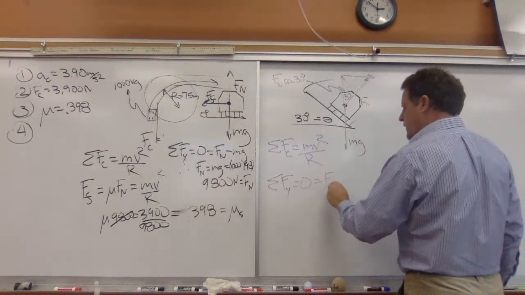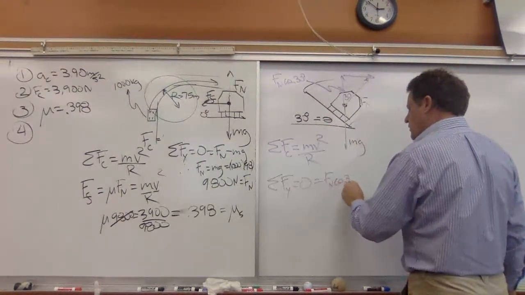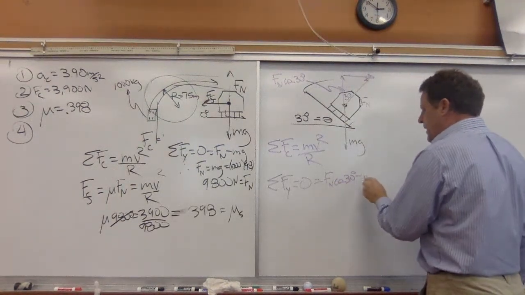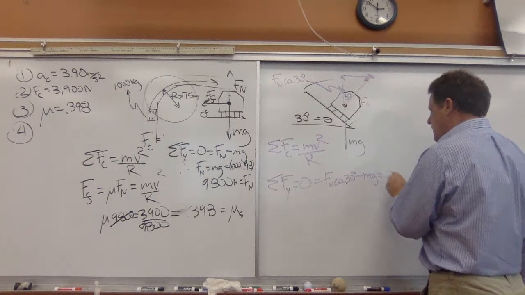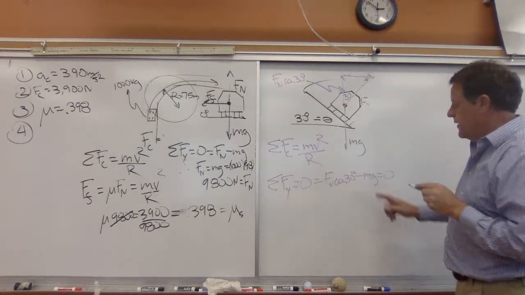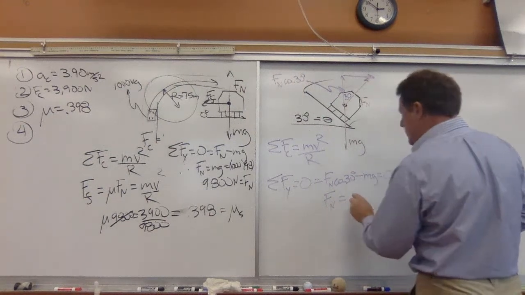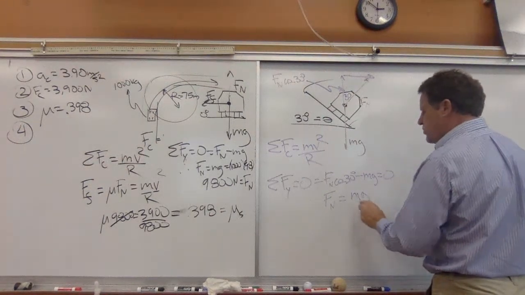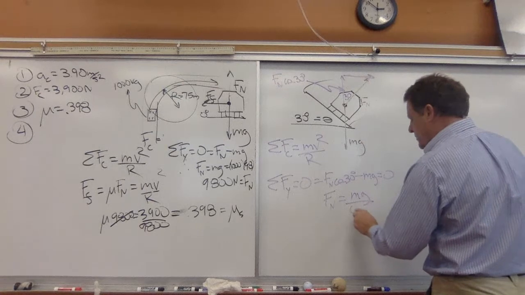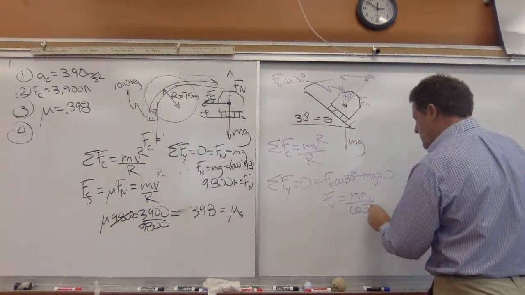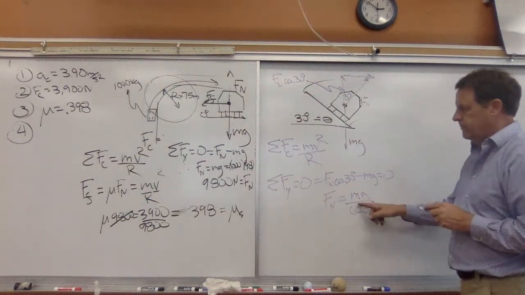That's going up, Fn cosine 30 degrees, minus mg is equal to 0. Therefore, force normal is equal to positive mg divided by the cosine of 30 degrees.